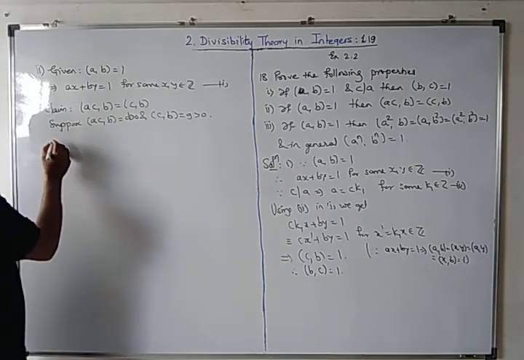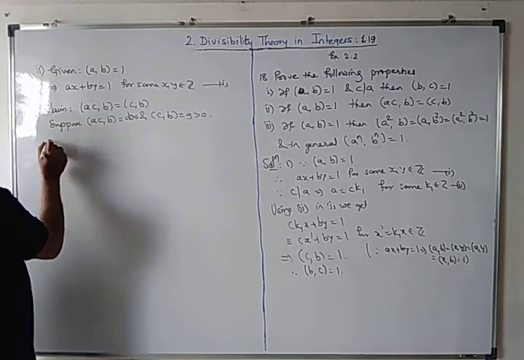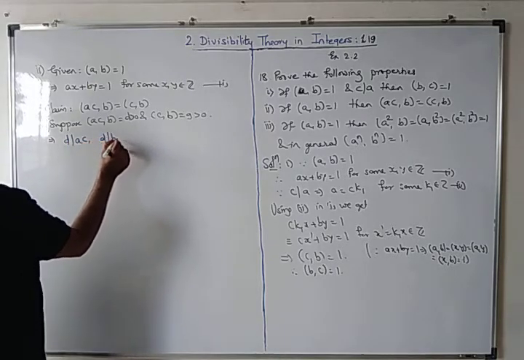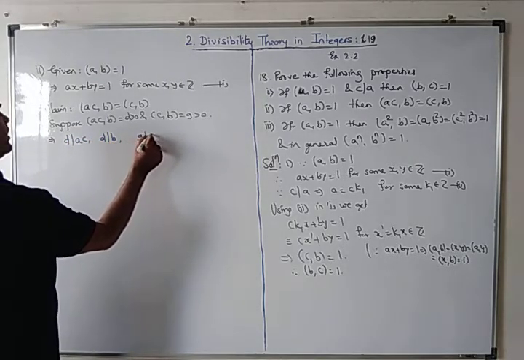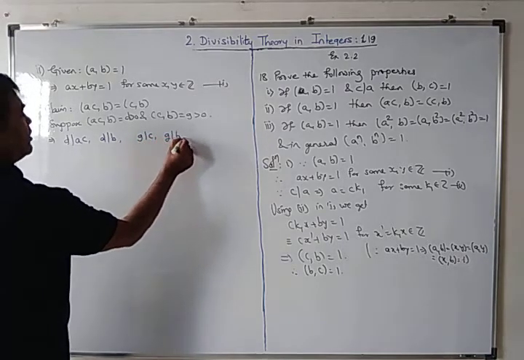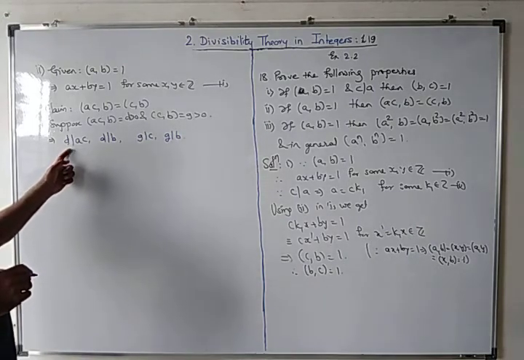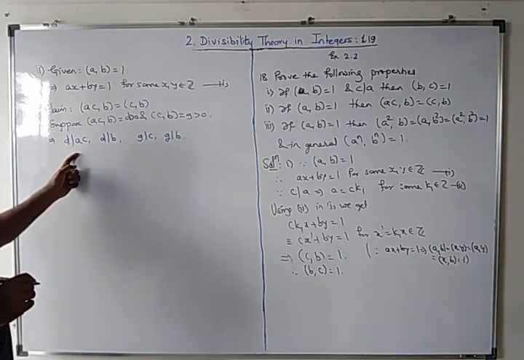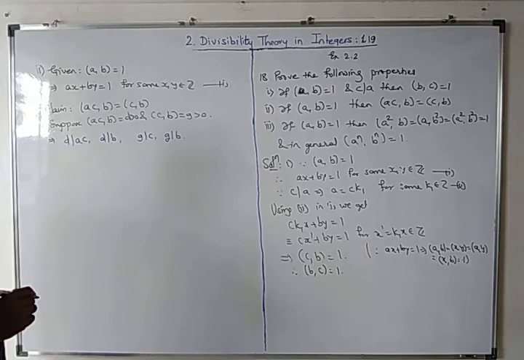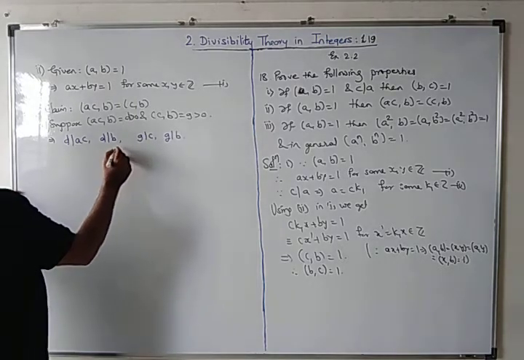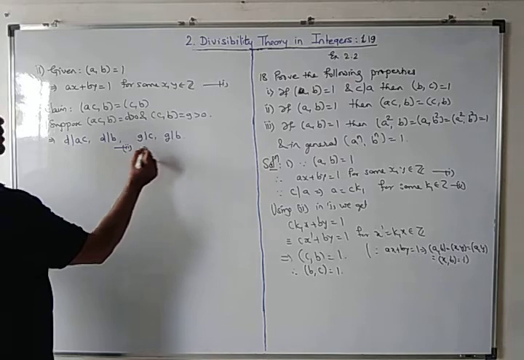This implies D divides AC, D divides B, g divides C, g divides B. We are getting this. Now D is dividing AC. So whether D divides A. Now since this is 2, this is 3.